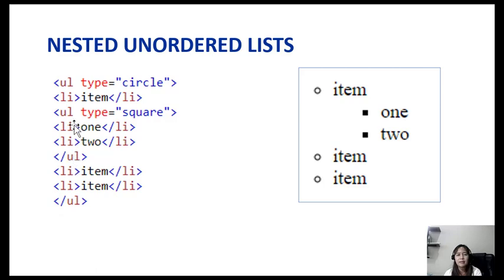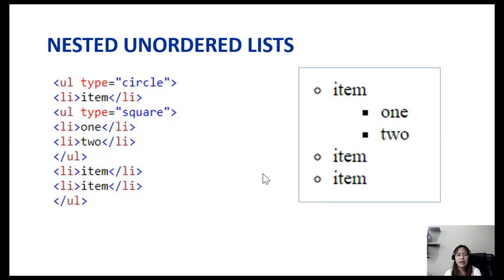So that means to say that under the first item specified, or that uses circle as the design, you're going to create another UL list, unordered list, and that's going to use square as the design. And then you have 2 items with the text 1 and 2, and then you have the continuation of the 2 other items that you want to include, that's still part of your unordered list that uses the circle as the design.